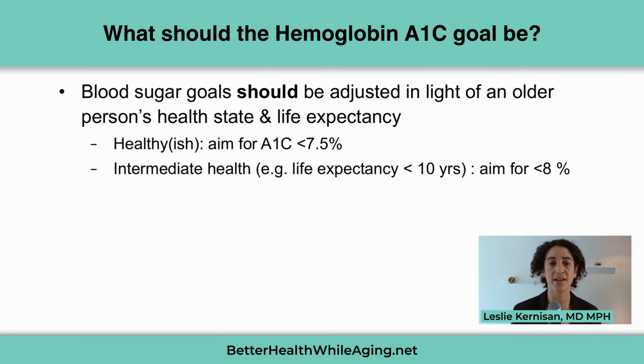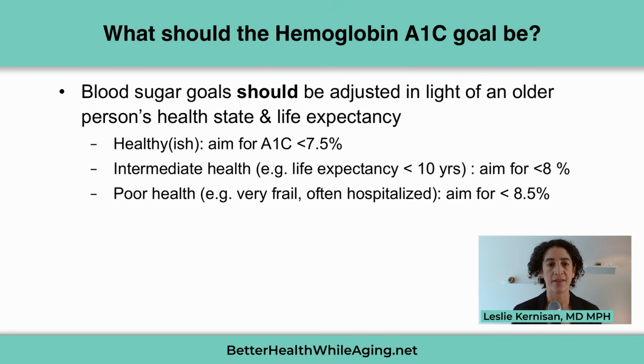If they're in intermediate health, so for example, a life expectancy less than 10 years, then trying to get the A1C to be 8% or less would be reasonable. And if they are in poor health, so for instance, somebody who might be very frail, who's been hospitalized quite a lot lately, then it might be appropriate to aim for 8.5% or less.